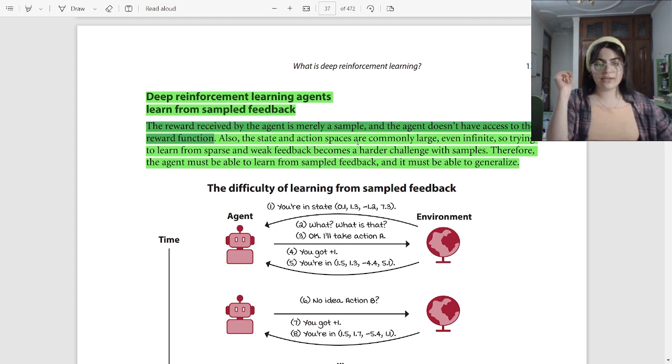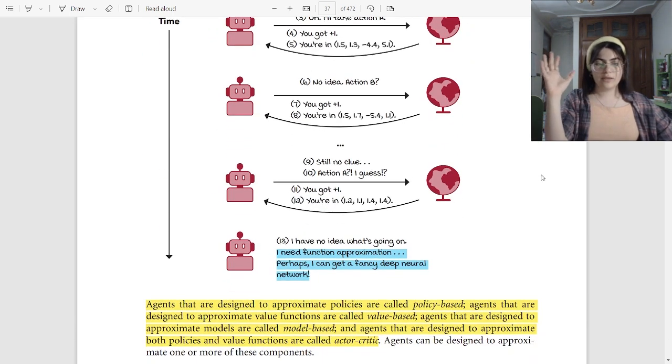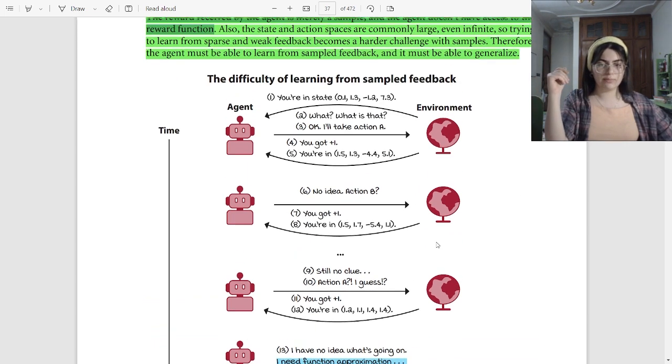Also, the state and action space are commonly large, even infinite. So trying to learn from sparse and weak feedback becomes a harder challenge with samples. Therefore, the agent must be able to learn from sampled feedback, and it must be able to generalize. And one way to do so is by neural networks and function approximation.